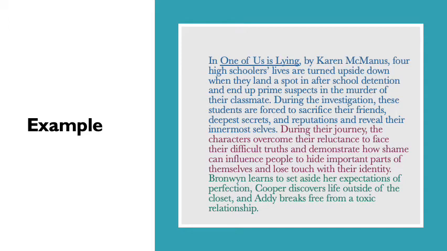And then she needs to mention the main points. Bronwyn learns to set aside her expectations of perfection. Cooper discovers life outside of the closet. And Addie breaks free from a toxic relationship. We know what her three main points are. They're going to be three particular characters and how they demonstrate this thesis. And yes, your mention of main points can be this short.